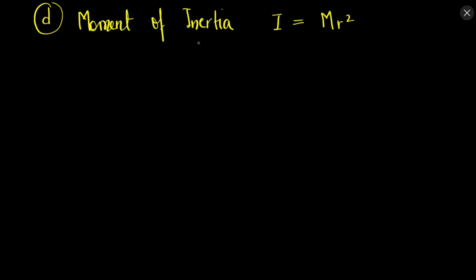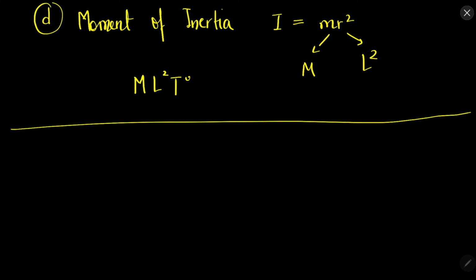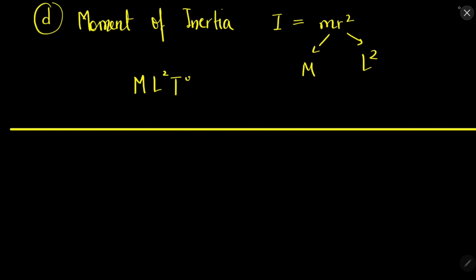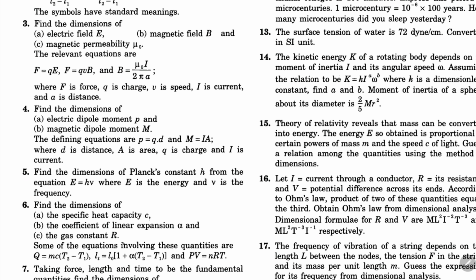The dimension for mass is M and the dimension for r² will be L². So the dimension for moment of inertia is M L² T⁰. So this is our second question's solution.